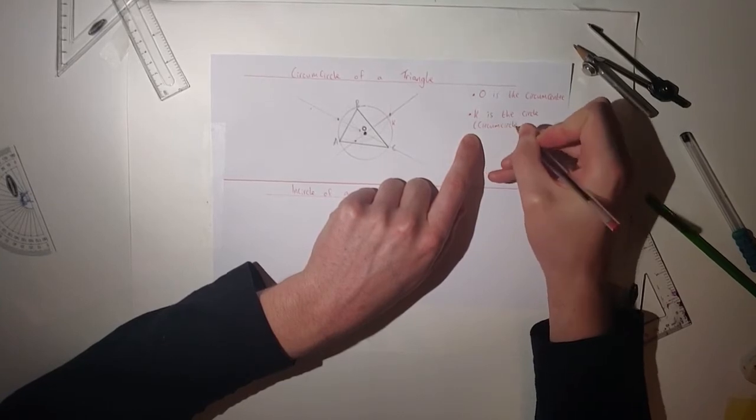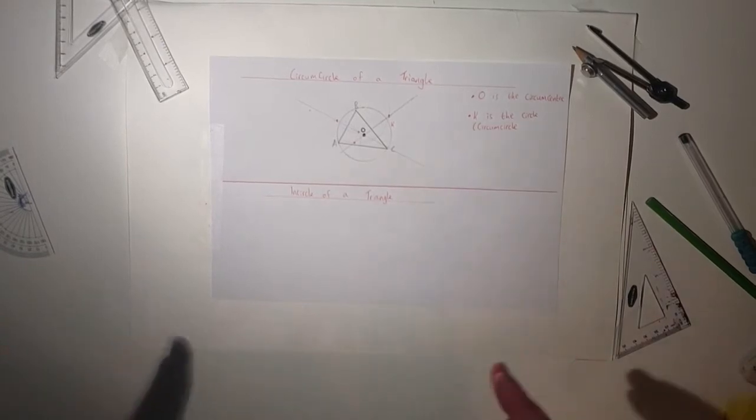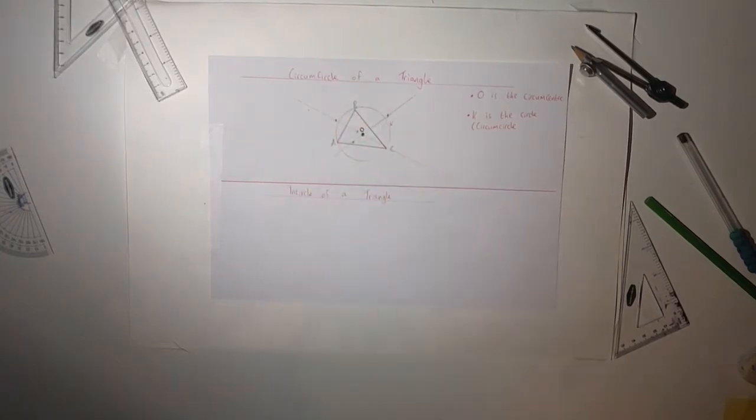And think about it as like circumference, so all around the edge. So it touches each vertex of the triangle. So each pointy bit, A, B, and C.